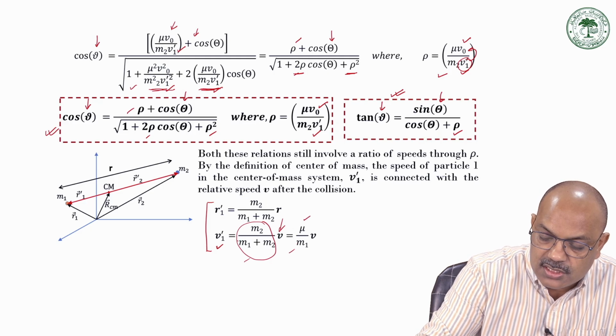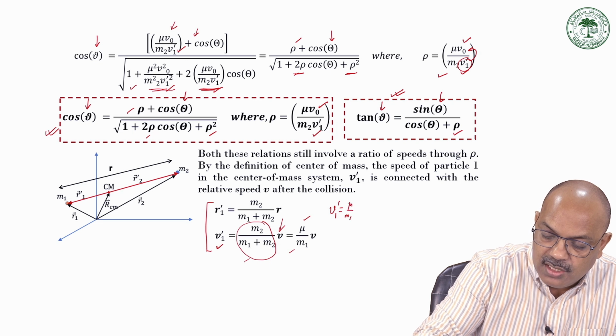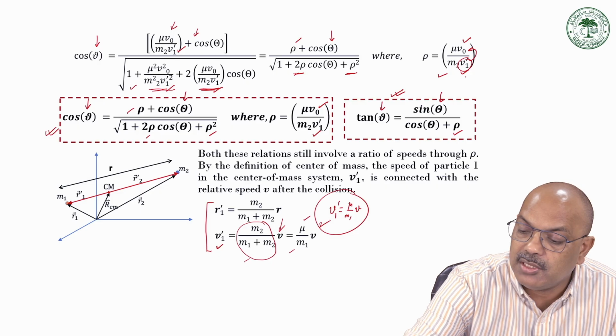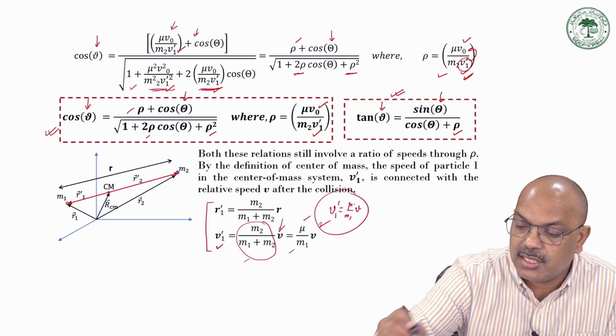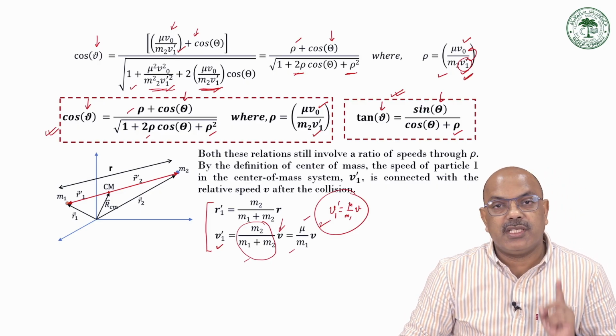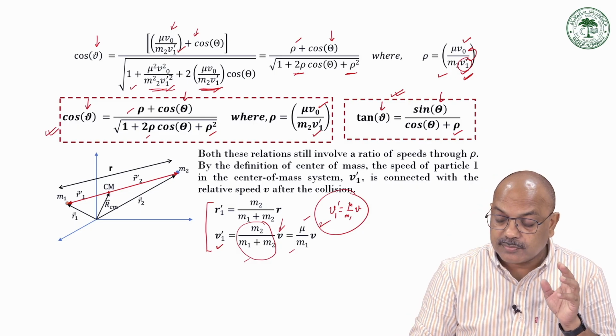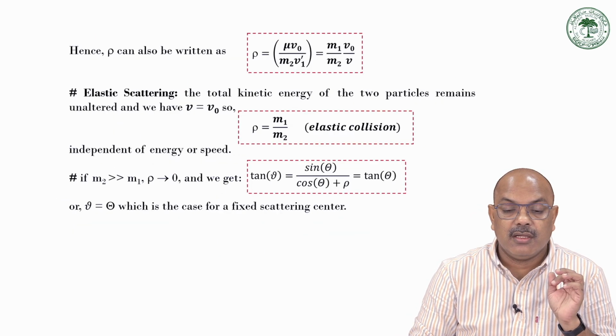So I am going to use this relation, that is V1 prime is mu by m1 times V. If I replace V1 prime here with this, I am going to get this in terms of the single velocity, the velocity of the particle in the center of mass after the collision.